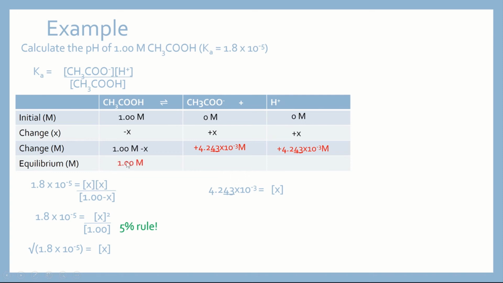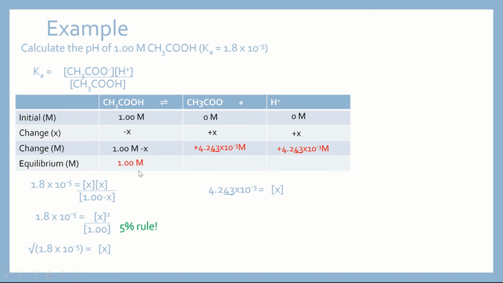And again, I'm going to keep this as 1 molar. If I'm using the 5% rule, I'm saying that the change of X is so small that we won't notice it. And indeed, I think that is the case. 1.00 minus 0.0042343 would end up with 0.96, so you'd have a very small number, 1.00.